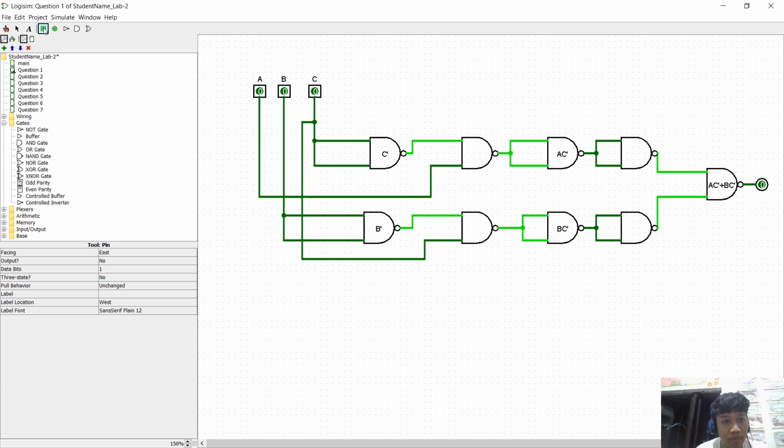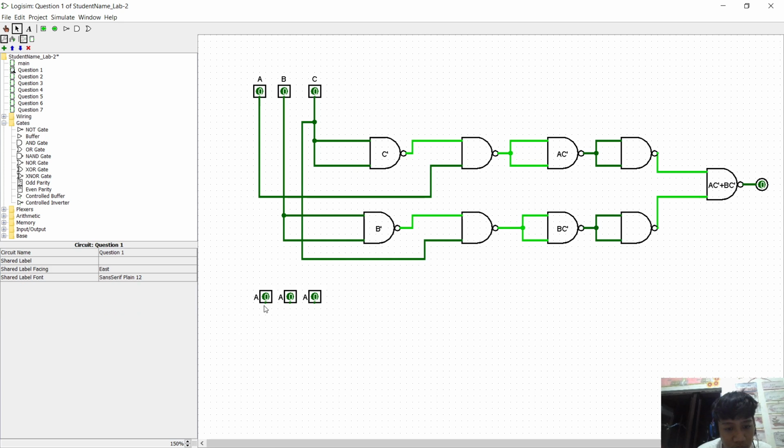For the first step, we will have to put three inputs, which we will be labeling as A, B, and C. Then facing south, A, B, and C.